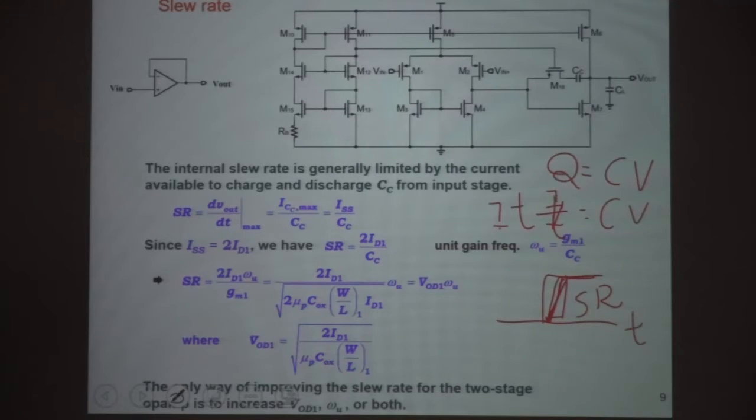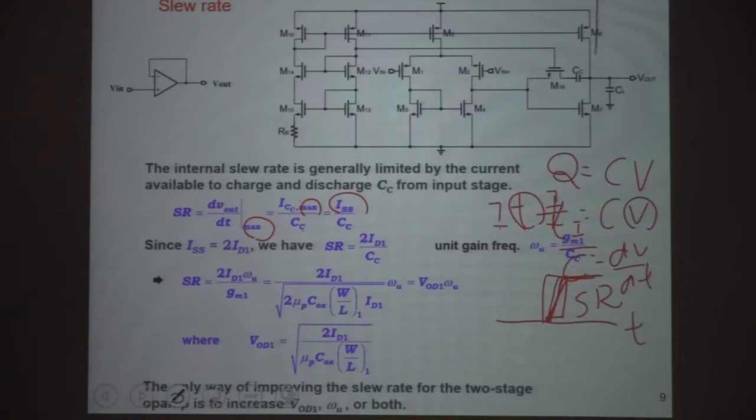So we want dV/dt, and dV/dt equals I divided by C. So I divided by C is the slew rate. And we want to consider the maximum value. So ICC maximum is the supply ISS.